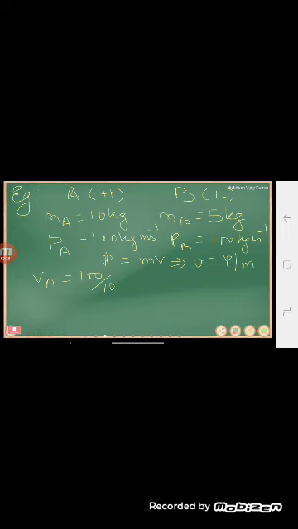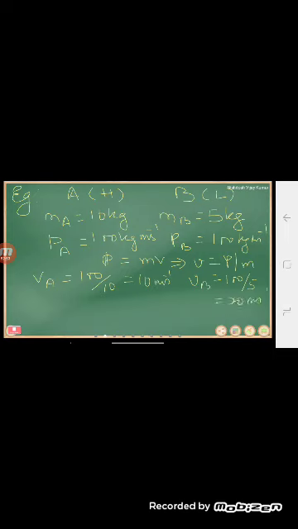It comes out to be 10 meter per second. Similarly, for vB, it is 100 upon 5, which comes out to be 20 meter per second.